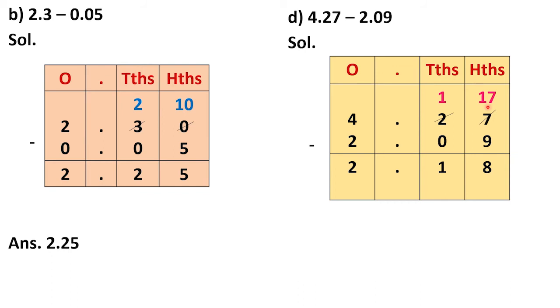So 4.27 minus 2.09, we have arranged them in the place value chart and then we have subtracted. 9 cannot be subtracted from 7, so we have taken borrow from 2, so 2 will become 1 and 7 will become 17. So 17 minus 9 is 8 and 1 minus 0 is 1. Then point below the point and then 4 minus 2 is 2. So our answer is coming 2.18.